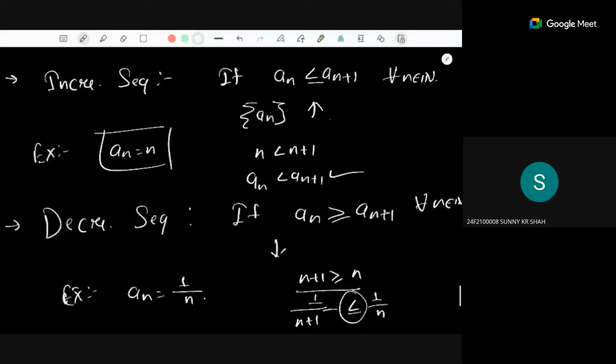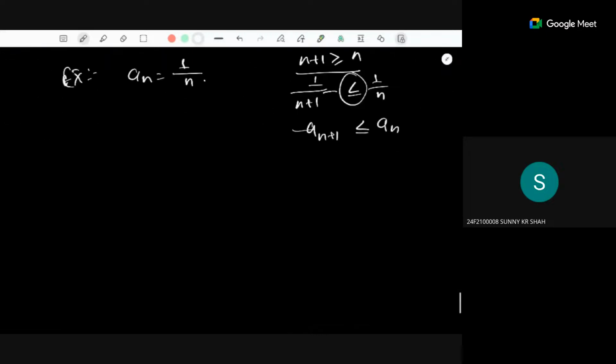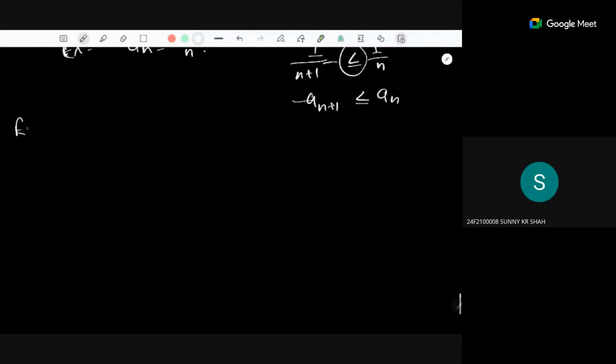Yeah, so we can take another example about bounded sequences, about increasing and decreasing sequences. Let me give one example. For example, if you have a sequence an is equal to (3n plus 1) upon (5n square plus 1).